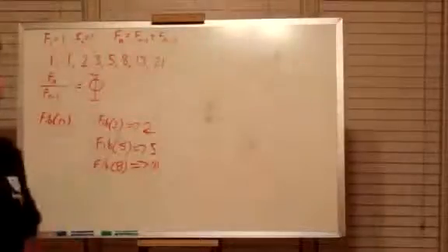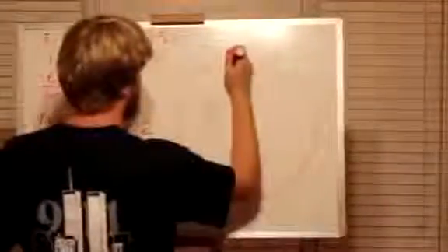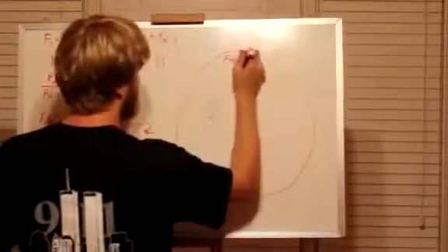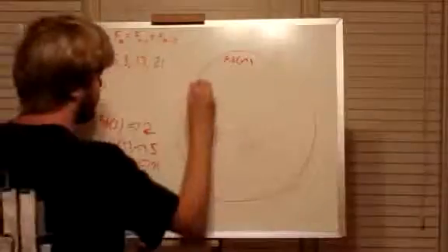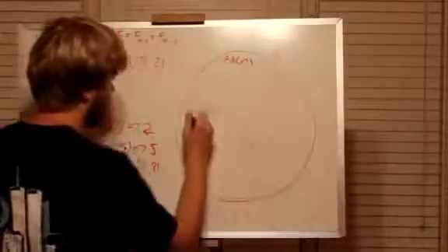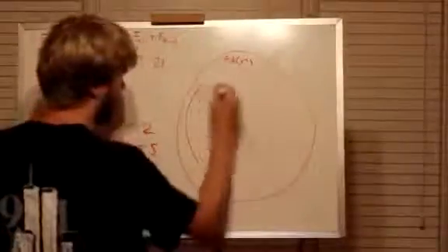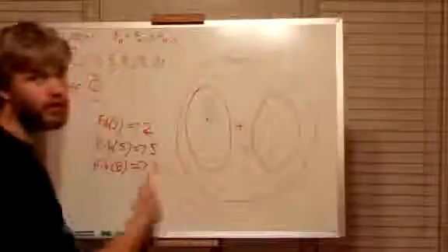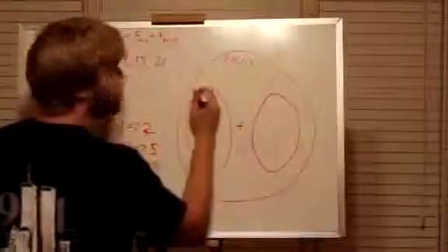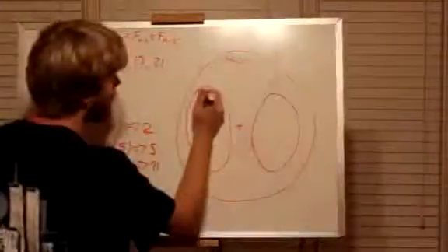Okay? So the way I would draw this out using the circles like I did in the last video would be something like this. I have a big circle, and we're going to call this fib with n. Then I'll draw this out in 2 ovals like that. We draw out the sum of 2 different sequences.